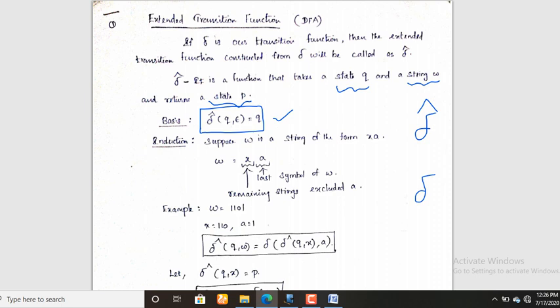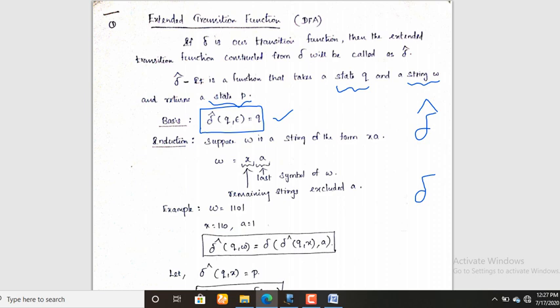In some problems, the first step is to write the language for the given problem statement, and in some the language should start with epsilon. On receiving epsilon, the null string, as input, a given state stays in the same state. It doesn't go to any other state. This is the basis part.